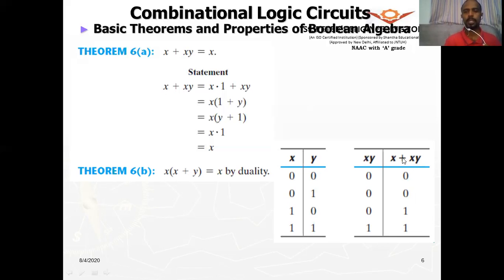So you see that x or xy, whatever the result we have got, is same as x. So this is a proof that x or xy is equal to x. So similarly, we can extend the proof for 6b by duality.